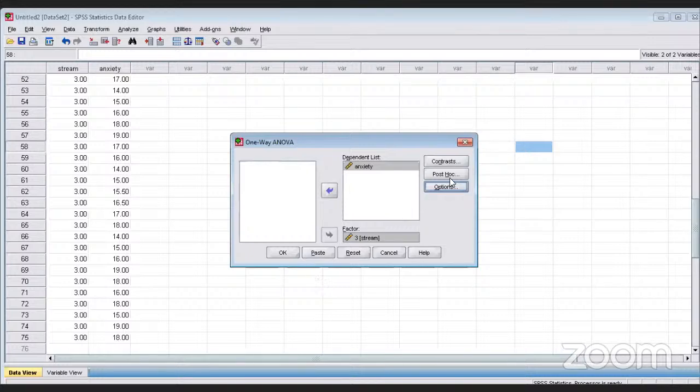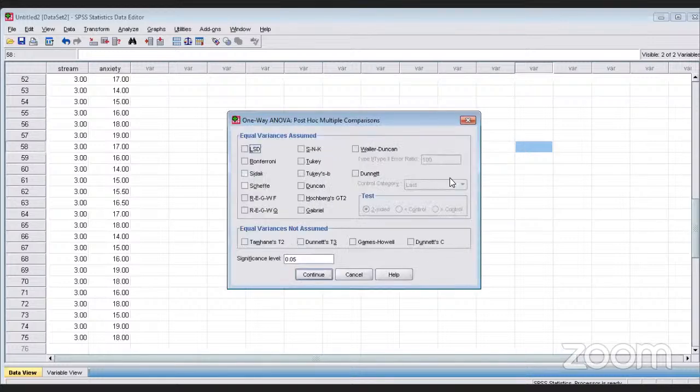Now the post hoc. In this particular case, we have the three groups. And if your F value is significant, then it will indicate that the mean score of anxiety of arts teachers, science teachers, and commerce teachers differ significantly.